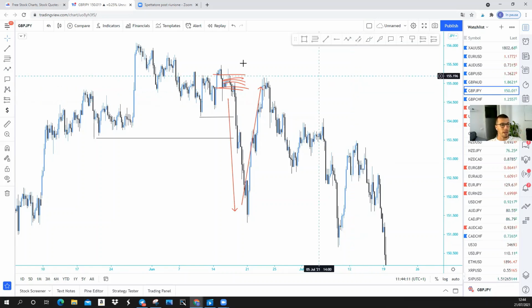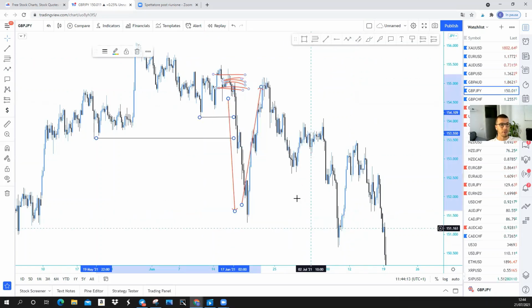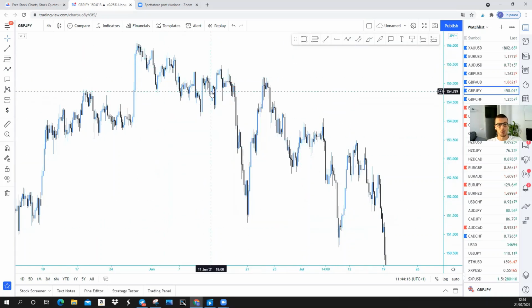Now, going back to what I was saying, we are not trading like the banks because we don't have the capital to be able to do that. Therefore, we are not trading like the banks. What we try to do is follow the footprints that they are leaving behind, okay?